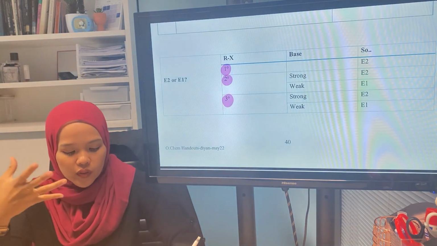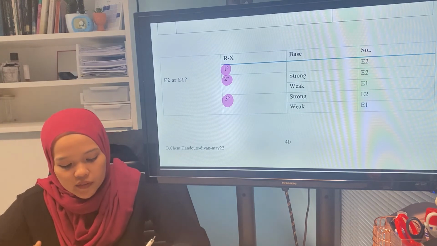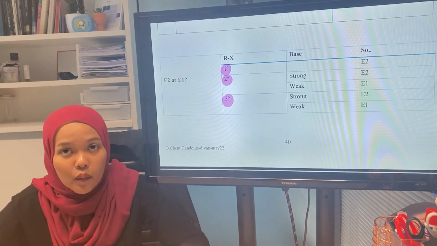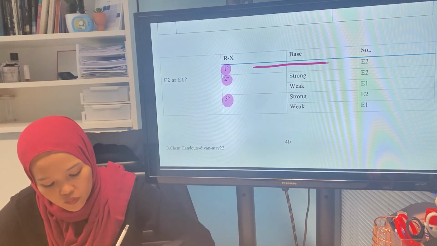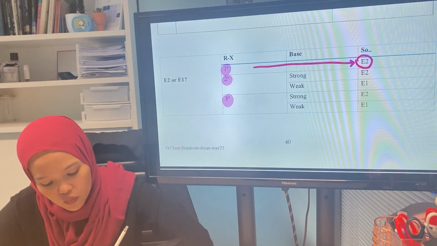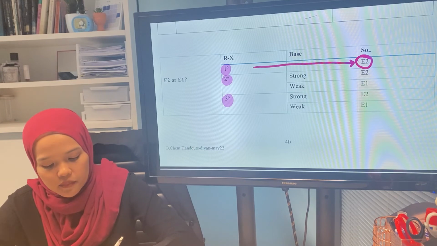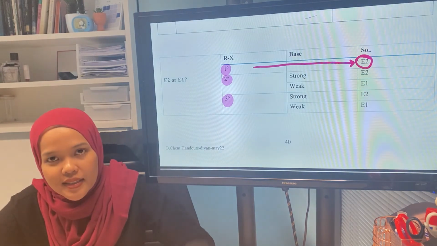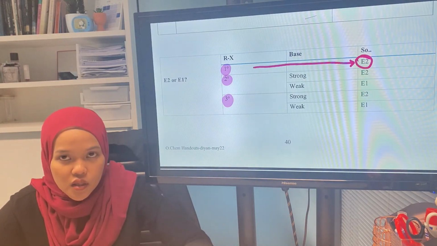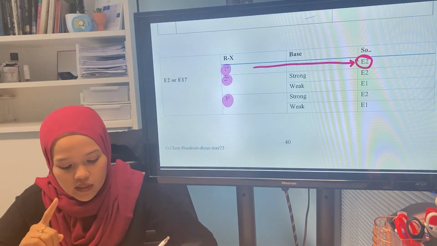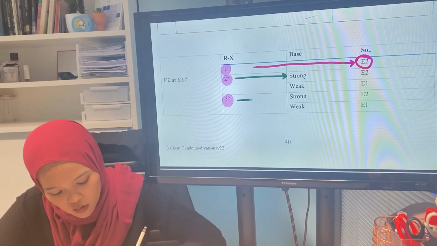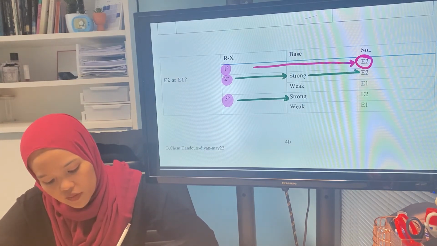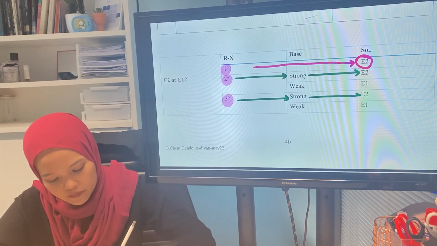When it is a primary alkyl halide, we don't care whether the base is strong or weak. It is still going to go with the E2 mechanism. But if you look at a secondary or tertiary alkyl halide, you have to consider whether the base is strong. If the base is strong, it is going to go straight to the E2 mechanism.